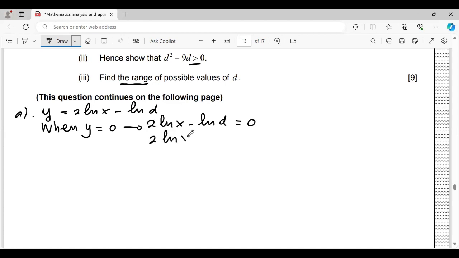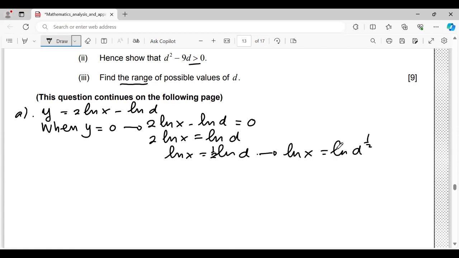So 2 ln x equals ln d, or ln x equals a half ln d, or x equals square root d.